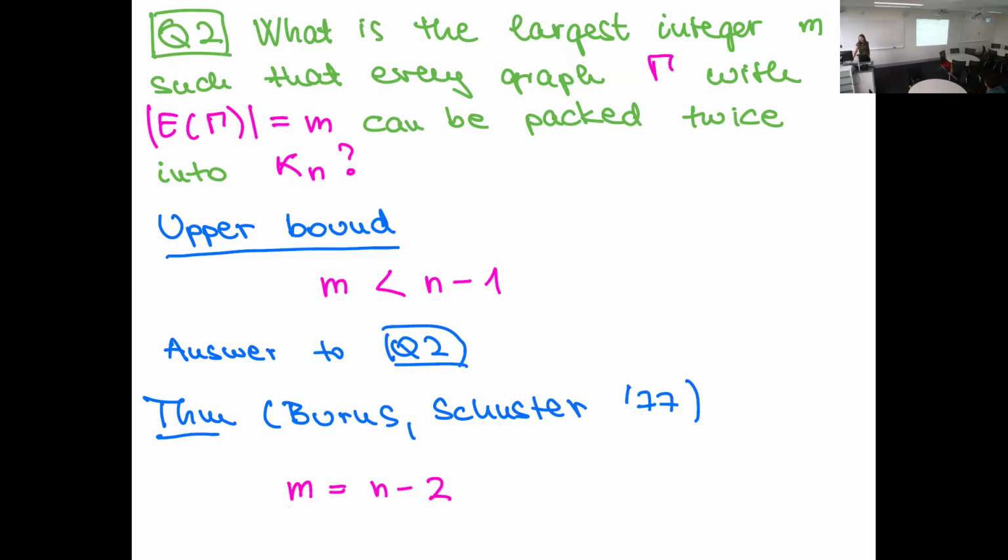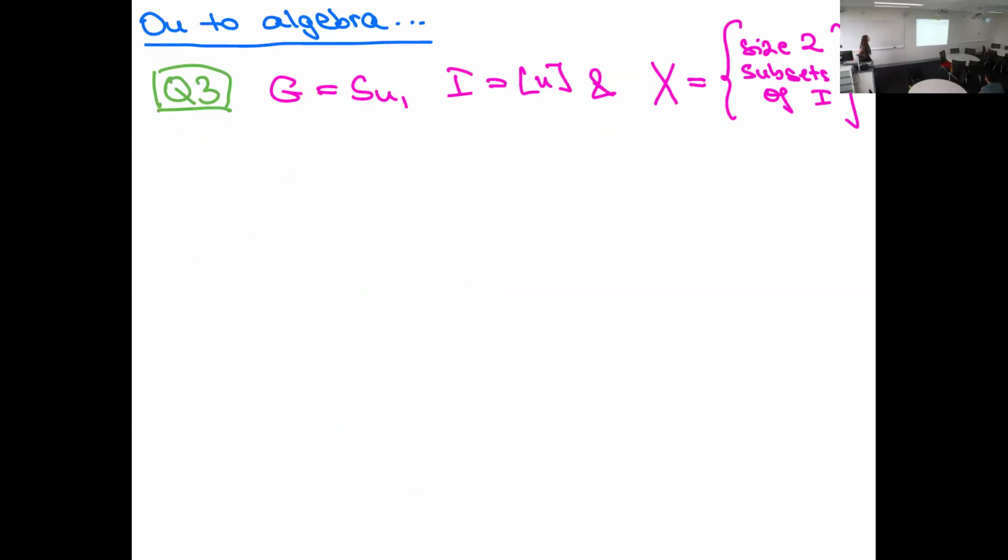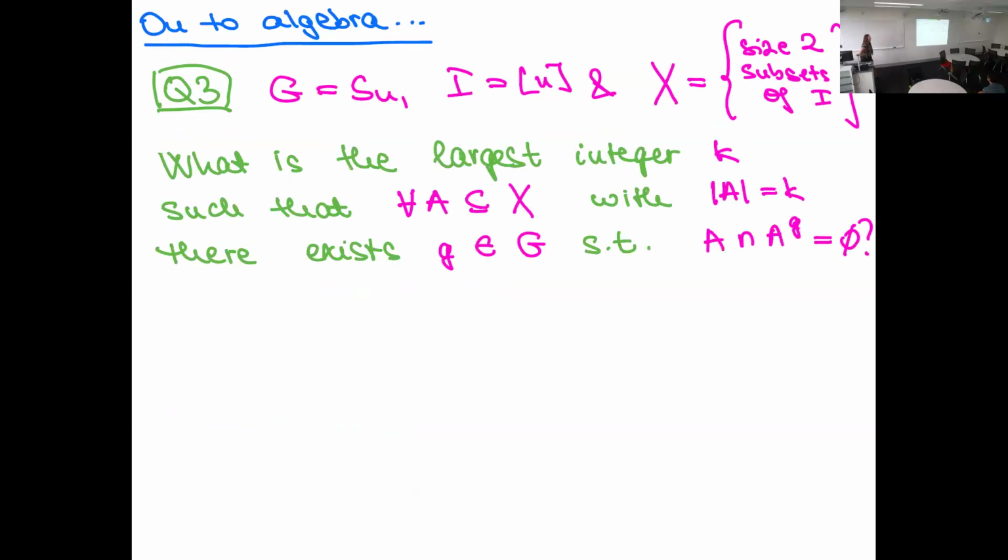Okay, now on to some algebra and group theory questions. So take the symmetric group on n points, and I will be just the numbers 1 to n, and consider X, which is the size 2 subsets of I. And here's the question.